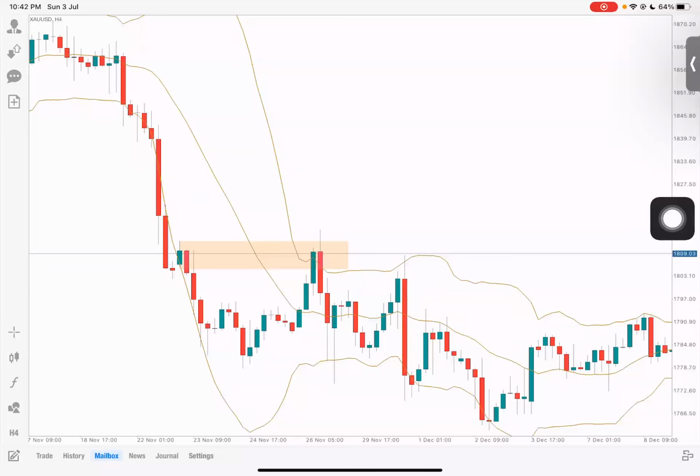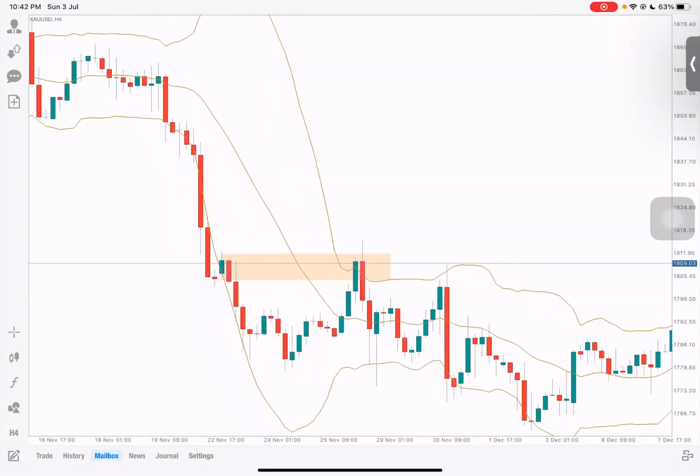Okay, so sometimes price will follow BB, but sometimes price will not follow BB. Understand? Okay, so if you want to use BB, you also can. If you don't want to use BB, you also can. It's up to you. But sometimes for me, after I find a setup, I look at it outside of BB.